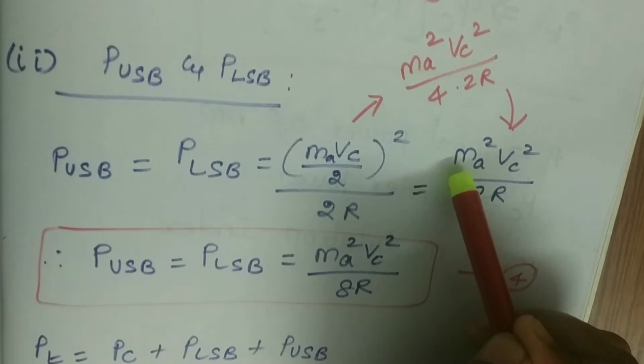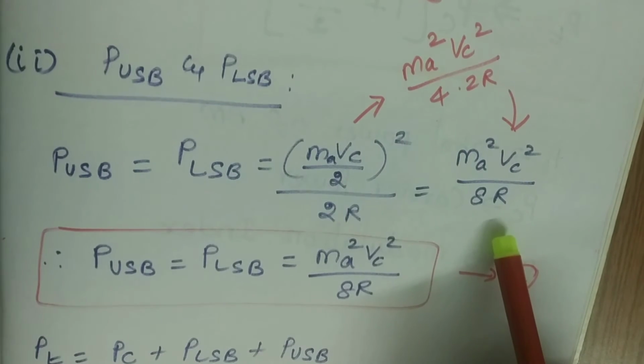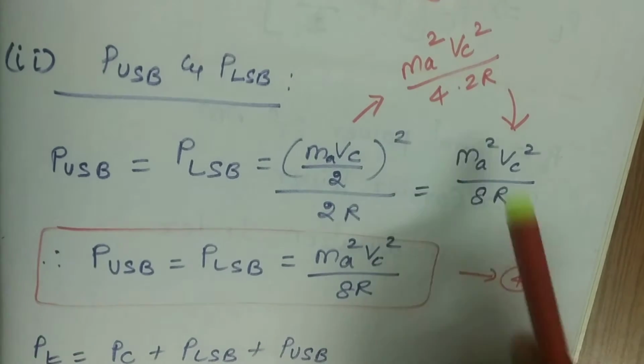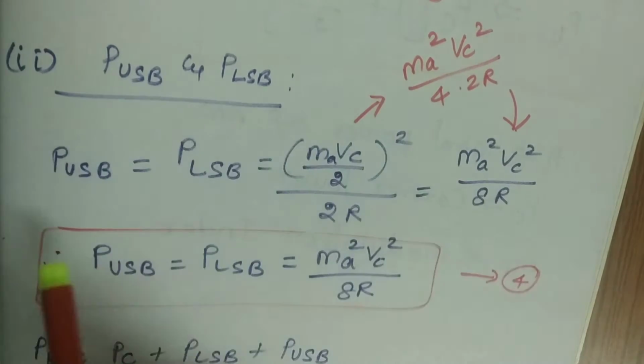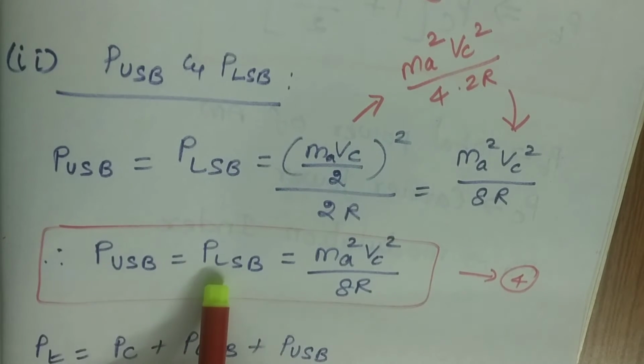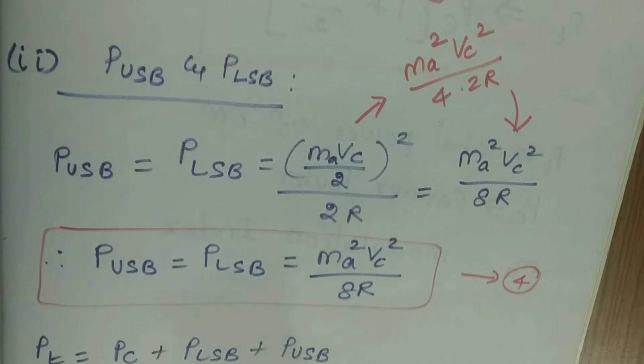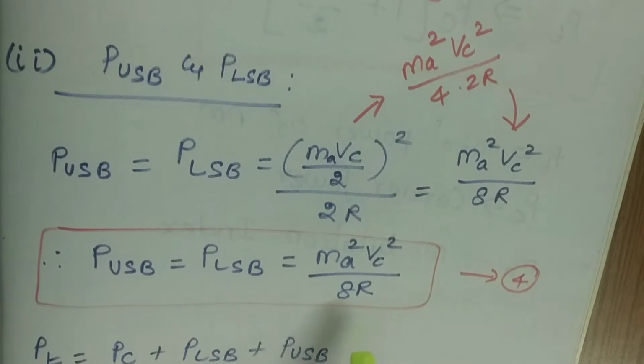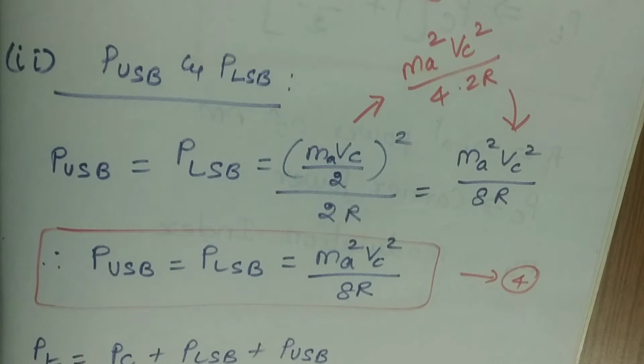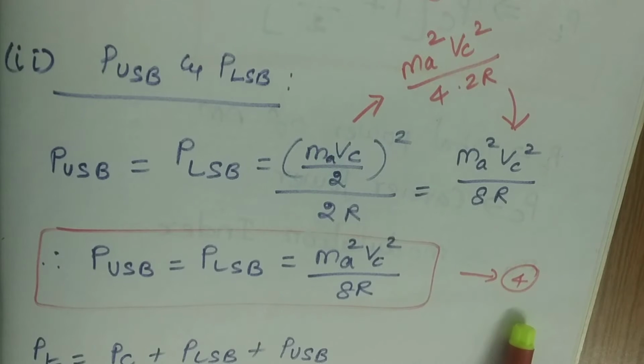So ma squared VC squared divided by 8R. So upper sideband power is equal to lower sideband power, which is equal to ma squared VC squared by 8R. This is the power expression for lower sideband and upper sideband. This expression is named as the fourth expression.